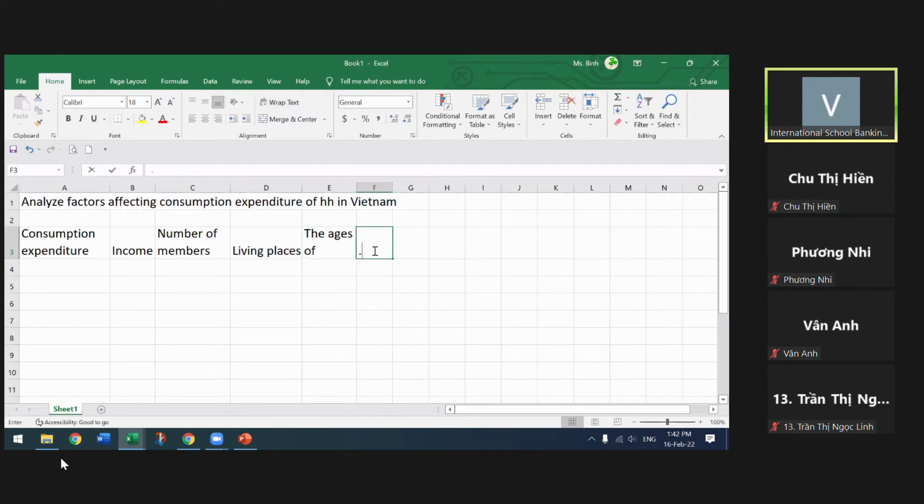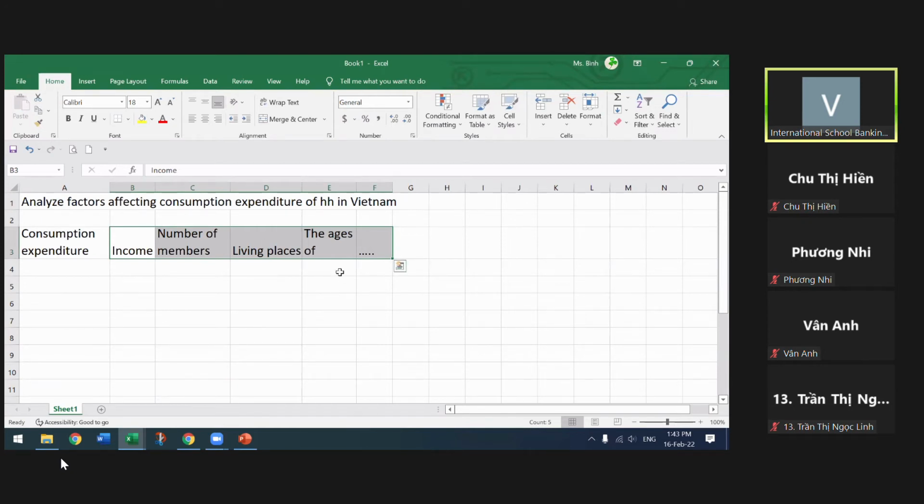Of course, there are many more. So how can we know which factors to include in the model, which factors can affect the consumption expenditure? How can you know this?